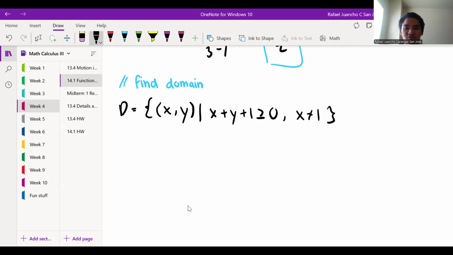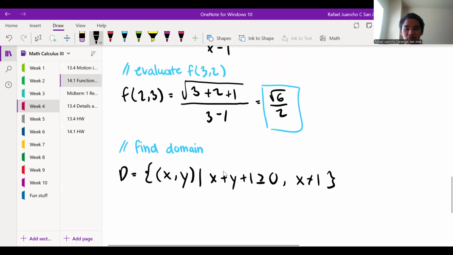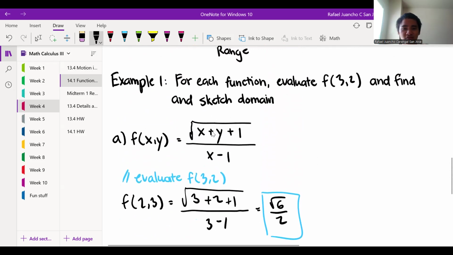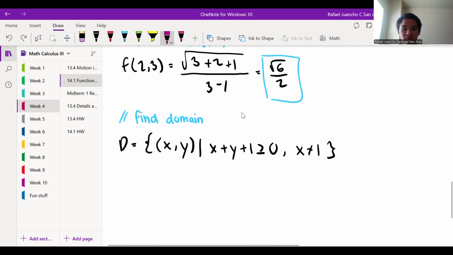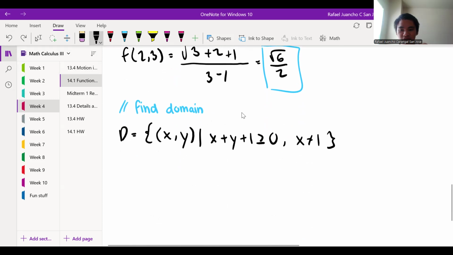So those are my two conditions for my domain, right? This one cannot be a negative number. And this one cannot be a 0 or else it would be undefined. So how did I get this x not equal to 1? I just said x minus 1 should not be a 0. And I can just substitute like normal. I get x should not be equal to 1. That's where I got it. So that's my domain.